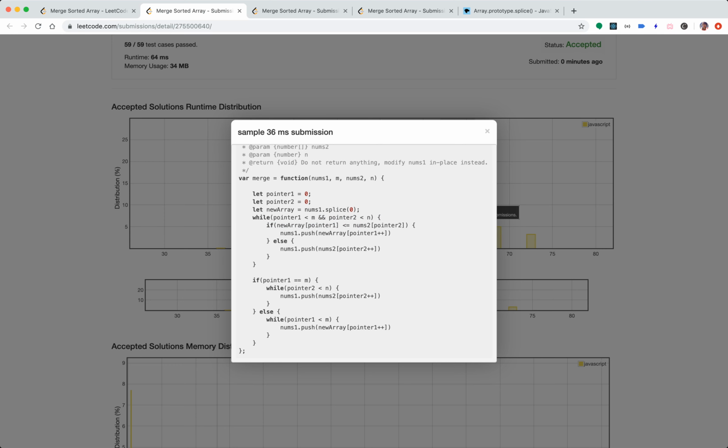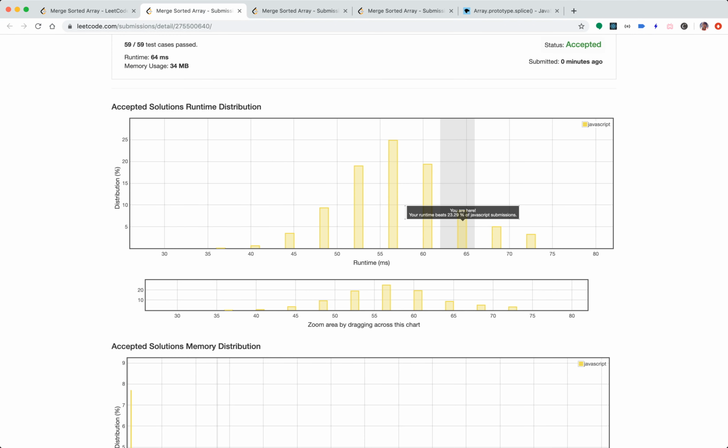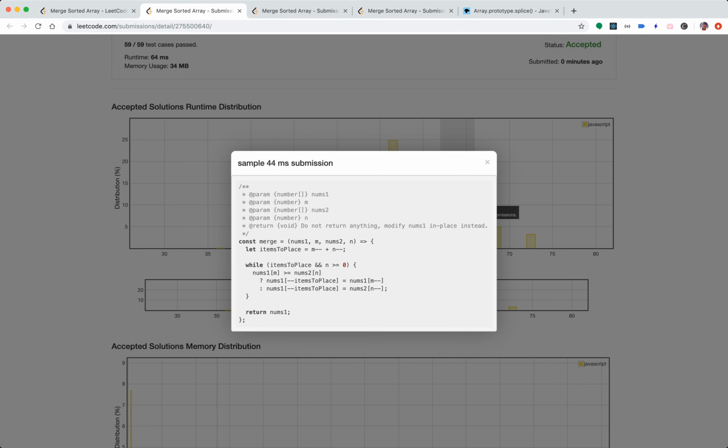It's cheating. Like this one. Wow, this is fast. Items to place. Ooh, what is this? Wow, wow. What is this guy doing?